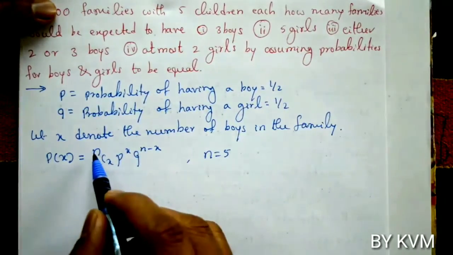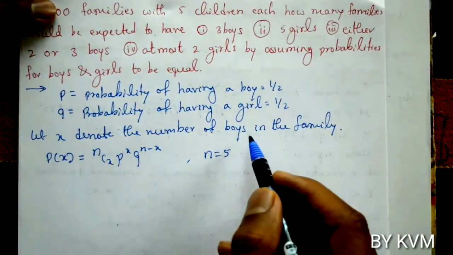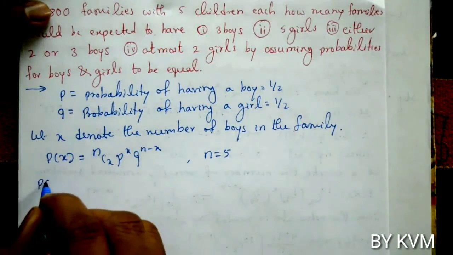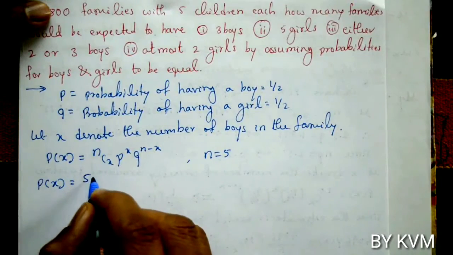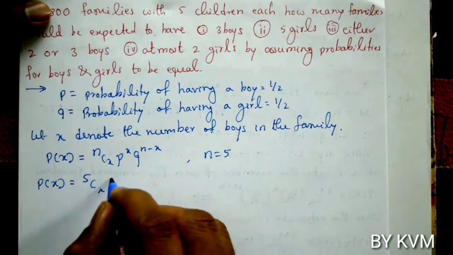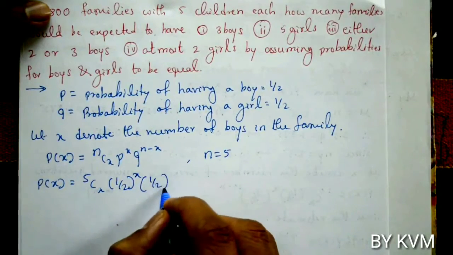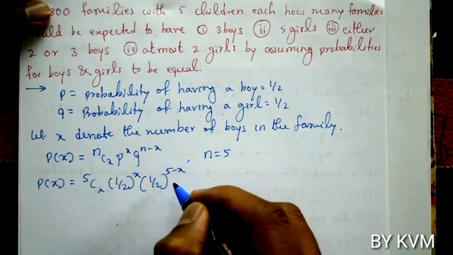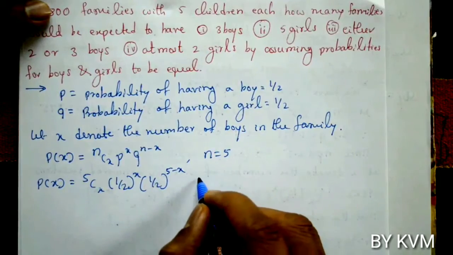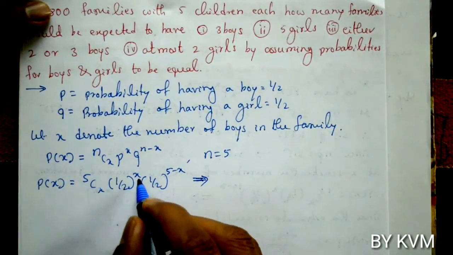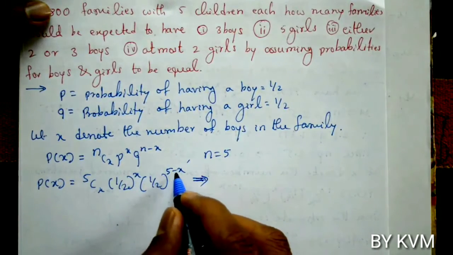So P of x, that is the probability function in binomial distribution, is n C x p power x q power n minus x. Each family has 5 children, so n equals 5. Do not take 800, it is n equals 5. So now P of x is 5 C x into 1 by 2 whole power x into 1 by 2 whole power 5 minus x.